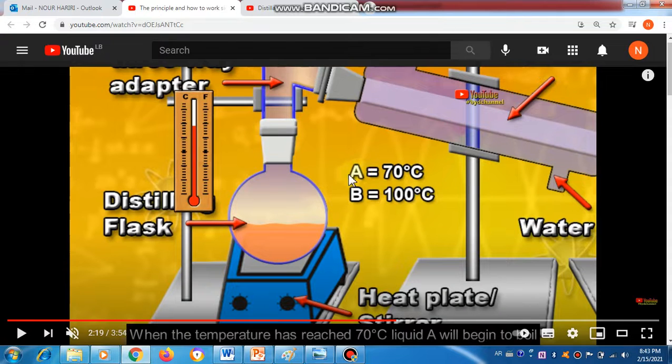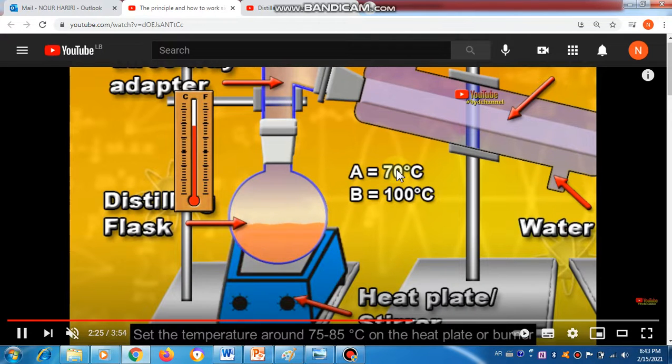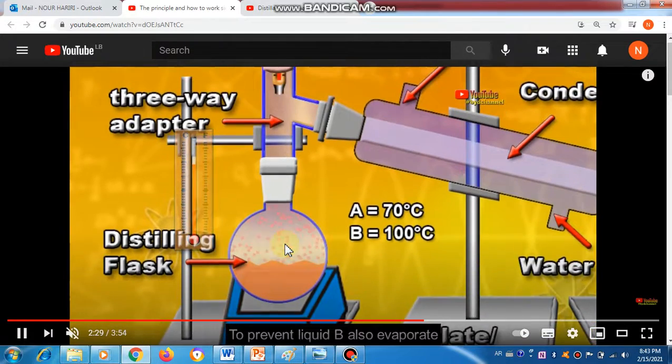فإجباري substance A لأنه وصلت التمبريتشر على 70 قبل، إجباري substance A رح تعمل boiling قبل substance B. Substance A starts to boil when the temperature reaches 70 degrees because we are heating it.